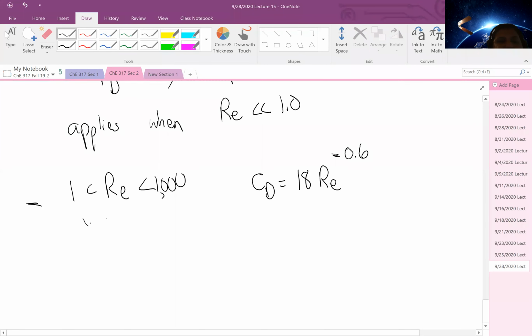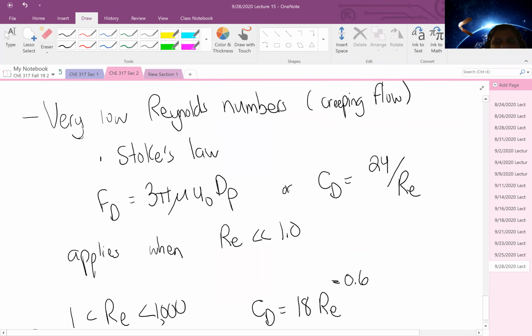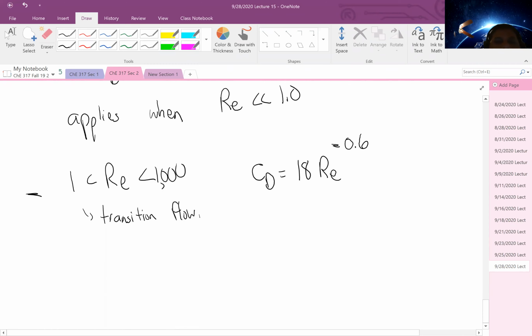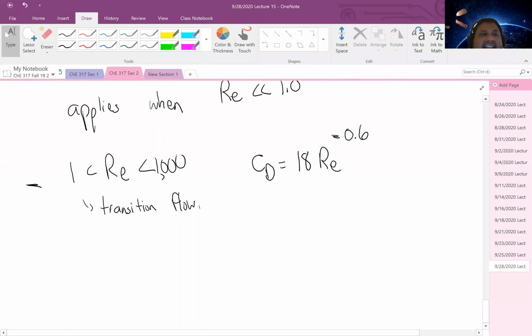And this is more of a transition than a laminar flow, just due to the fact that when we look at flow past objects, the presence of the objects results in a greater propensity for essentially turbulence, vortices, and things like that.